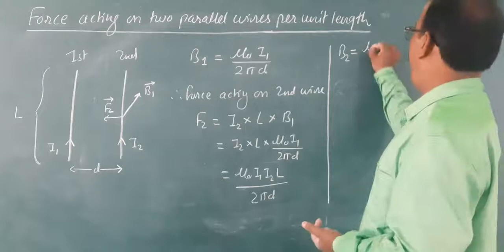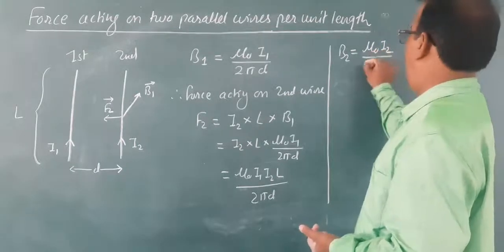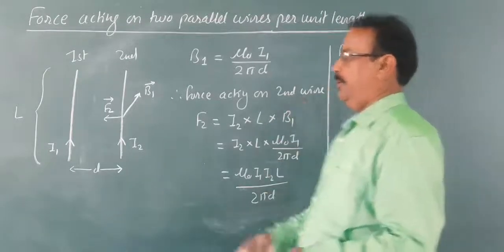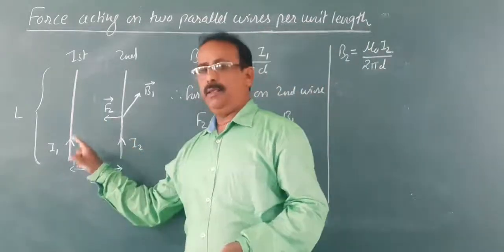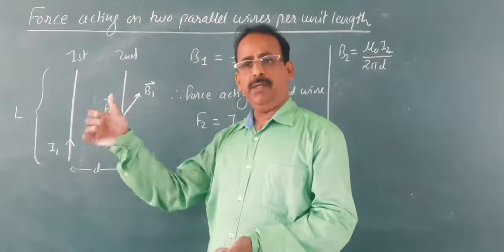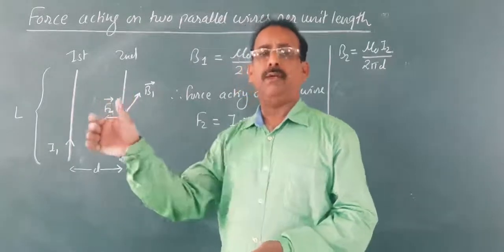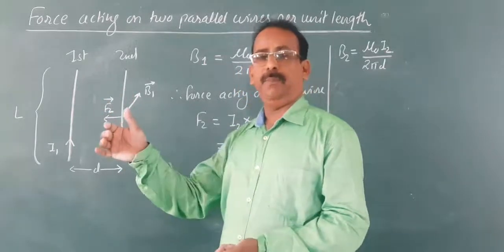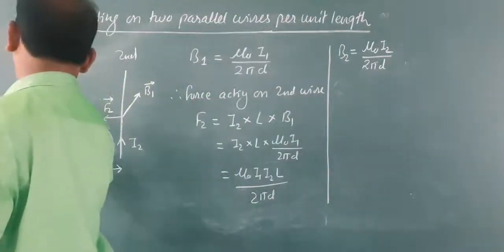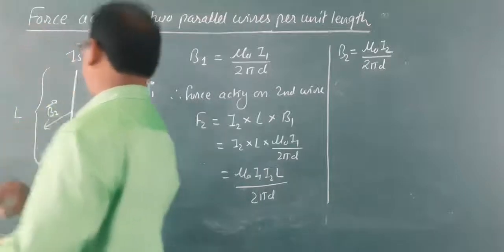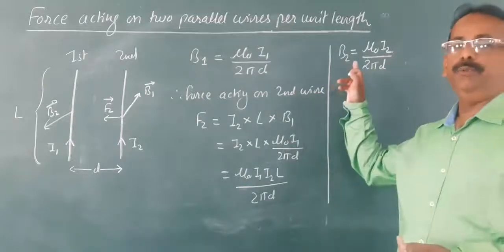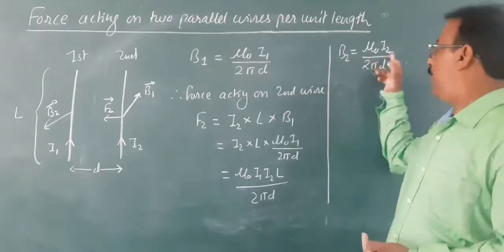It will be mu 0 I2 upon 2 pi D. By right hand thumb rule, the direction of this magnetic field is outward, towards you, perpendicular to the plane of the figure. So B2 is mu 0 I2 upon 2 pi D.